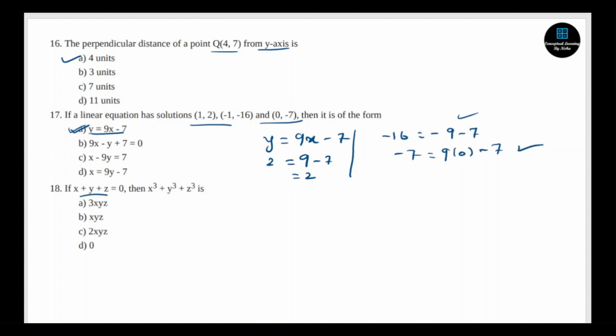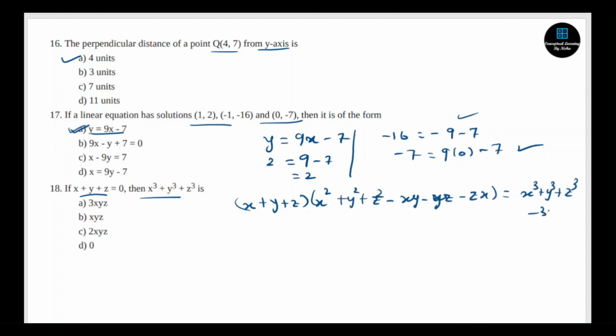Yeah. Now remember this identity is given. So what is that? x plus y plus z into x square plus y square plus z square minus xy minus yz minus zx equals x cube plus y cube plus z cube minus 3xyz.